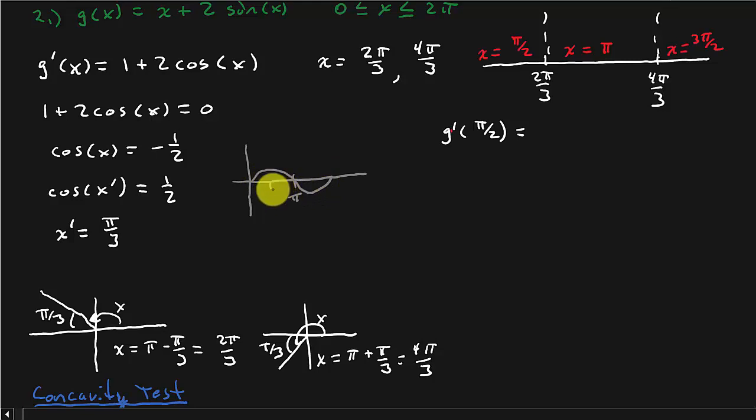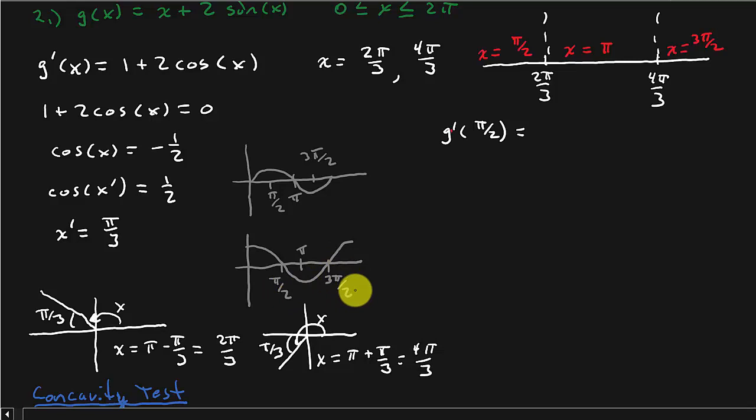Remember, that's pi over 2, and this is 3 pi over 2. Sorry, that one up there is sine. This is the graph of sine, and then we can do the graph of cosine.